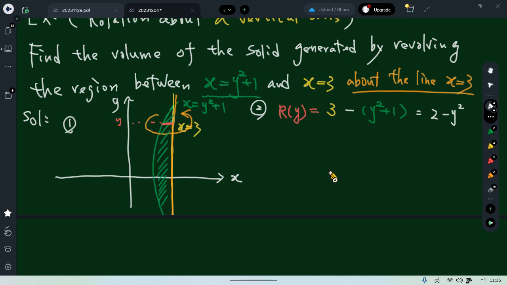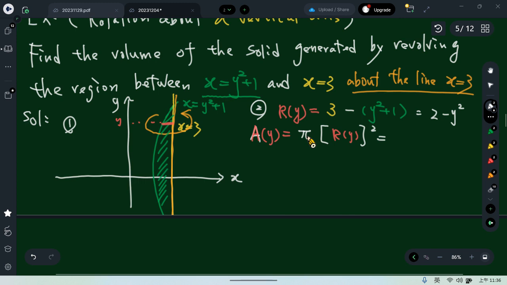The area A of y will be pi r of y squared, so it will be pi times (2 minus y squared) squared.